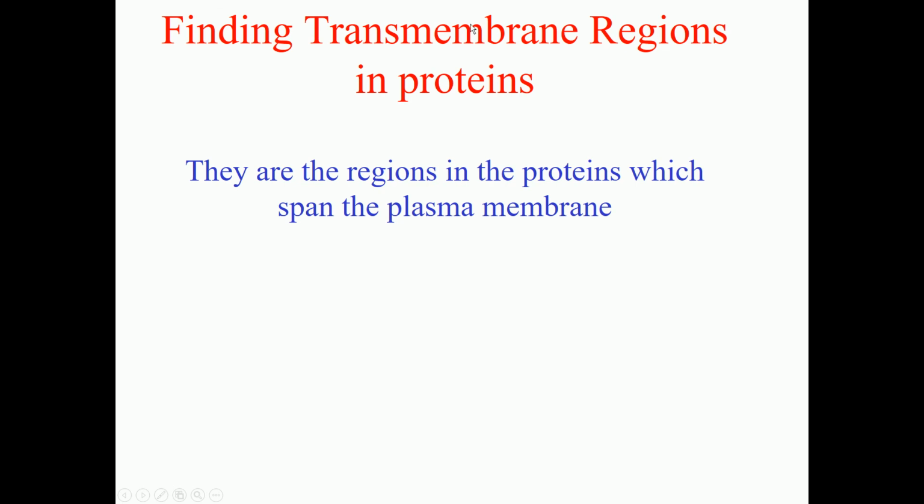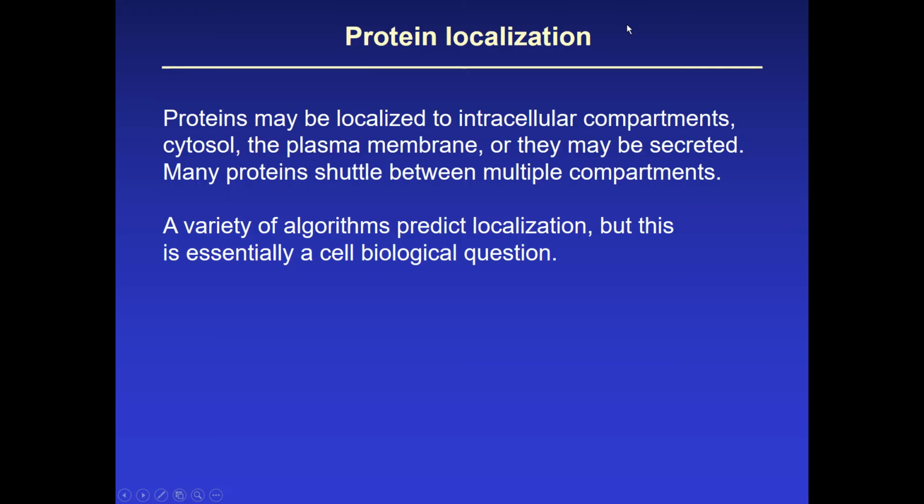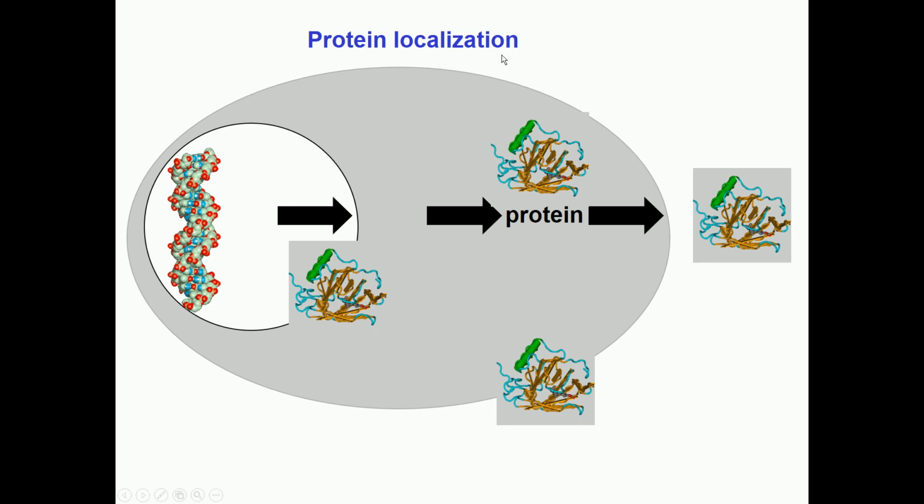Now what is the transmembrane region of a protein? As I just said, if this is your cell and you have a protein which is on the membrane, some part of that protein will be outside the cell, some part will be crossing the membrane, and some part of the protein will be inside the cytoplasm.